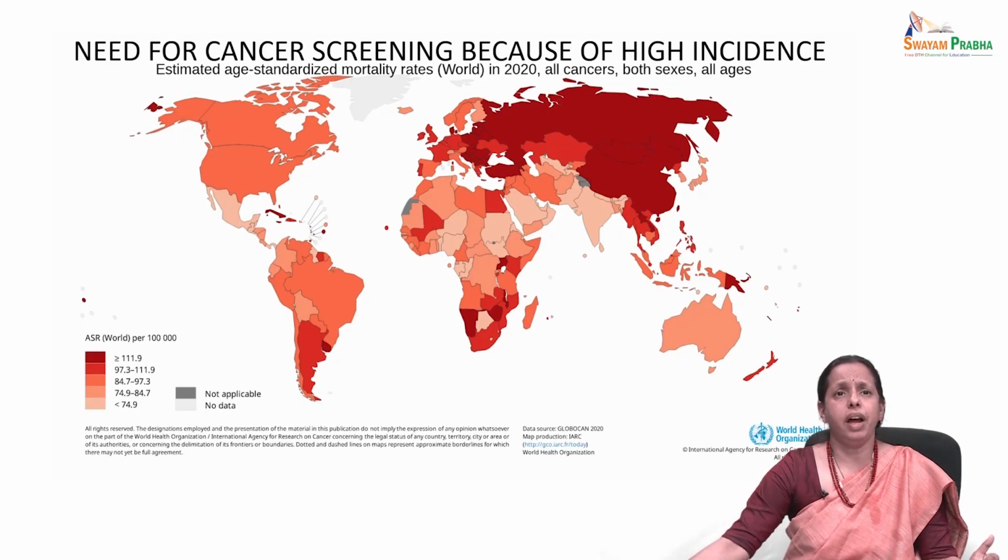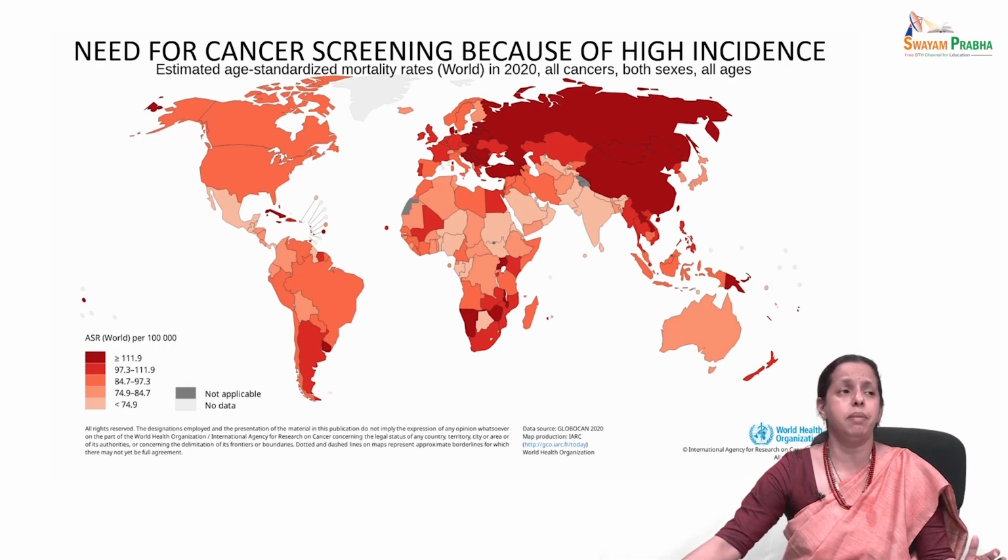Now, why do we have to screen for cancer? The worldwide cancer burden is very likely to approach 27 million new cancer cases by 2040, up from 18.1 million cases estimated in 2018.